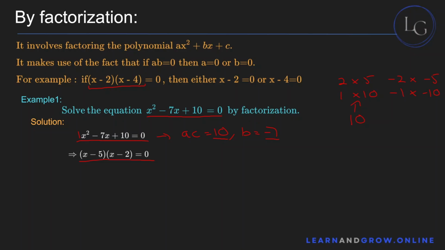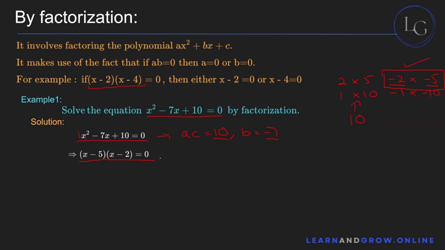And these are the only combinations that will give you 10. So over here you can clearly see that when you add -2 and -5, it will give you -7. So we'll use this combination to factorize this polynomial.